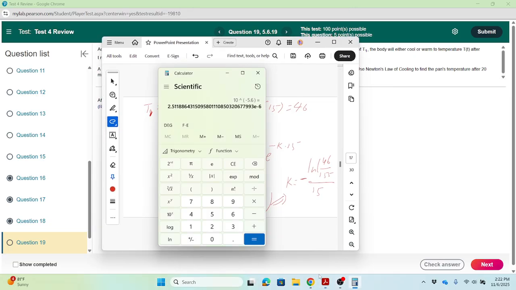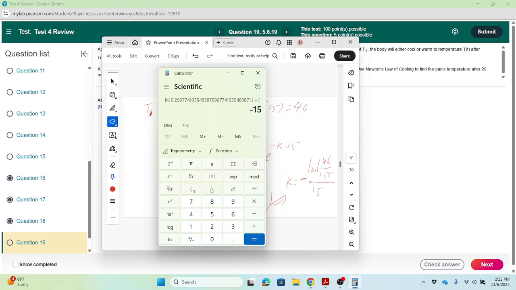After finding this rate, we can go back and calculate it. It's 46 divided by 155, ln of that number, divided by negative 15.